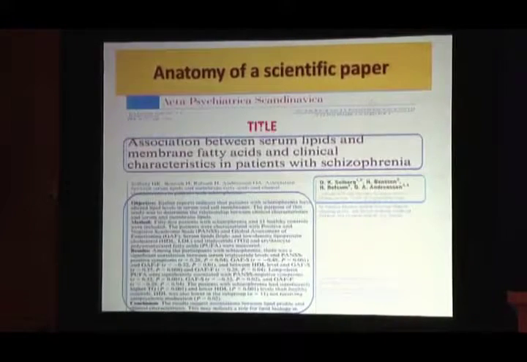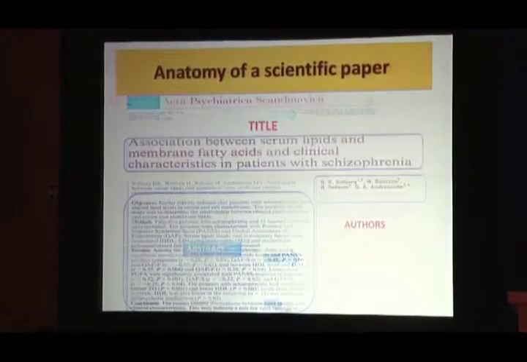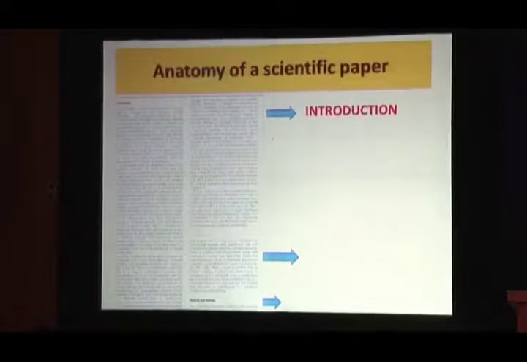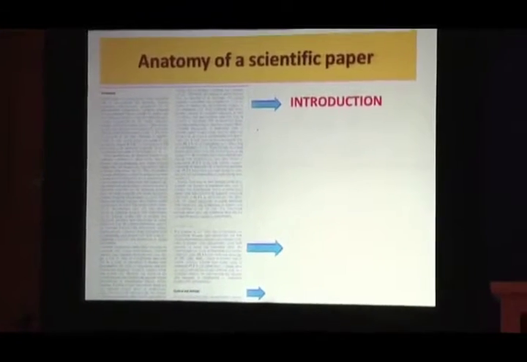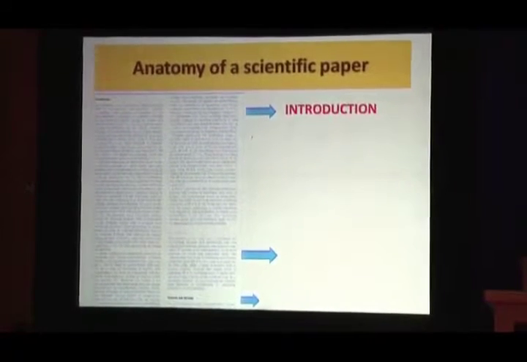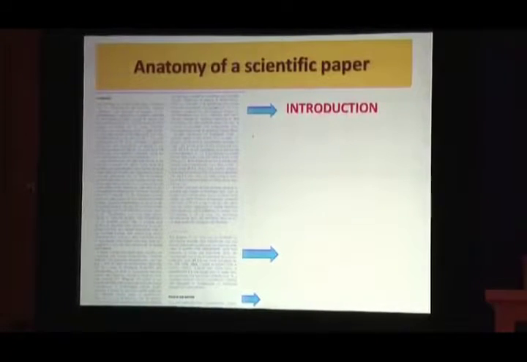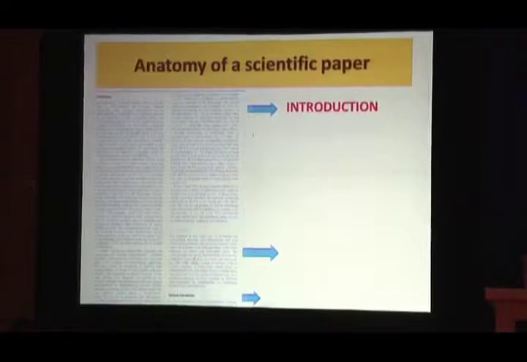Now, if you go further, this will give you the introduction. Just look at it, 3 paragraphs, which will tell you what is the relevant evidence in this particular area, what has been the problems or the unanswered questions in this particular area, and which you wish to address.